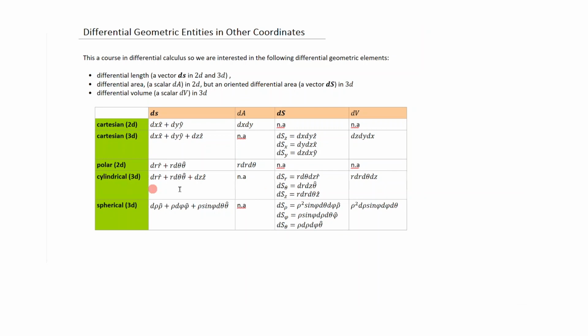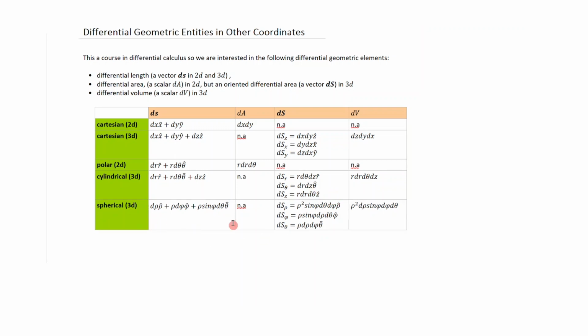If you look at cylindrical, you'll notice that in this case, the coordinates are typically r, theta, and z. So the r here corresponds to the r hat, the theta corresponds to theta hat, and the z corresponds to z hat. So this would be the magnitude of the differential area associated with the r hat direction. This is for the theta hat, and this is z hat.